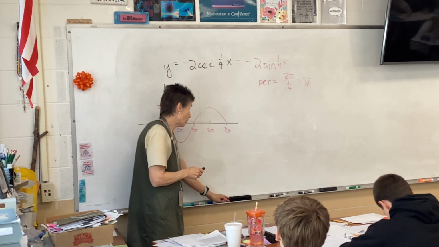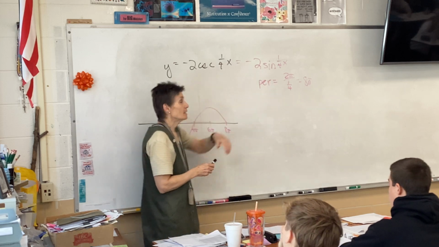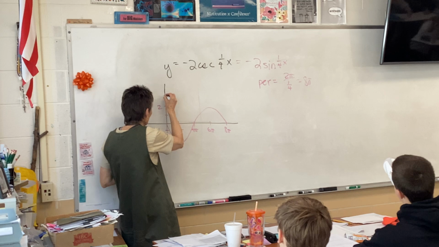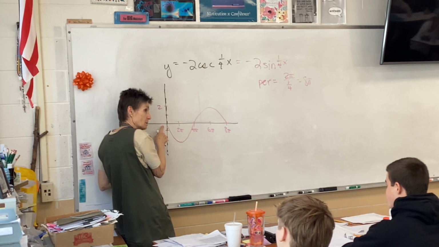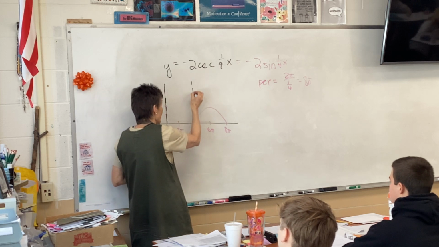Now, that would be the perfect picture if that had been the equation. It is a cosecant. So any place that I cross the axis, that is a 0. If the sine is 0, the cosecant will be undefined.